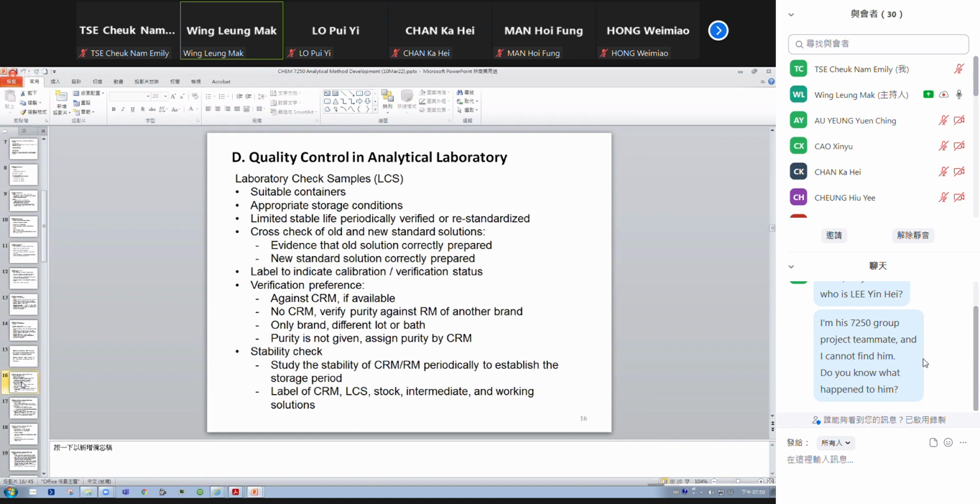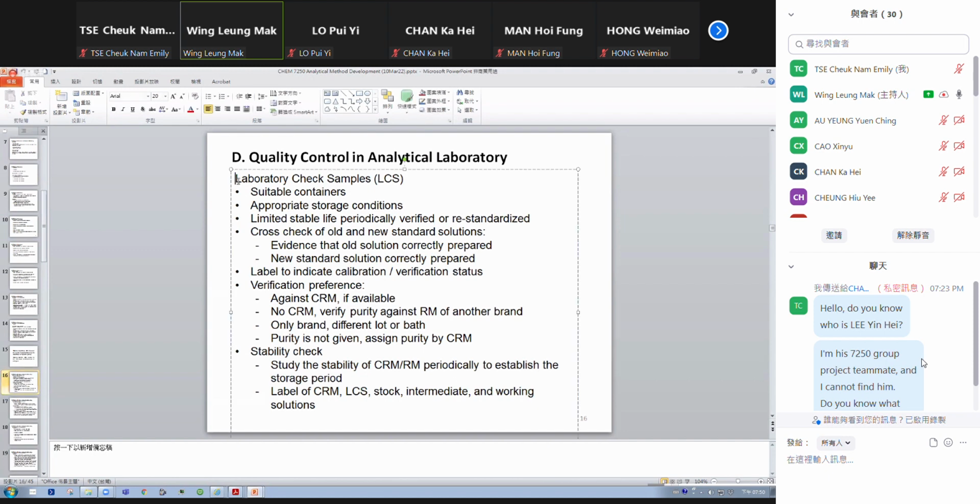Some of the terms may be encountered in QC, quality control. Laboratory check samples should be put into a suitable container.